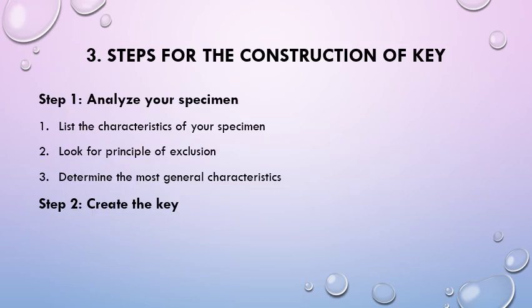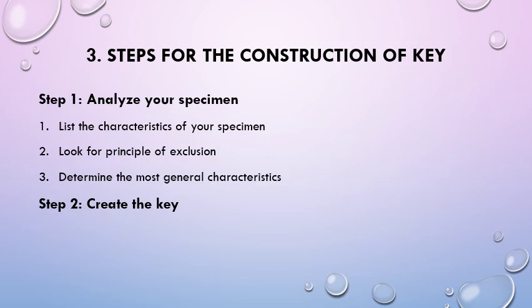The third step is the steps for the construction of the key. This step is basically divided into two sub-steps. The first is analyze your specimen, and the second is create the key. In the first sub-step we have three categories: list the characteristics of your specimen, look for the principle of exclusion, and determine the most general characteristics. So first of all you will analyze your specimen.